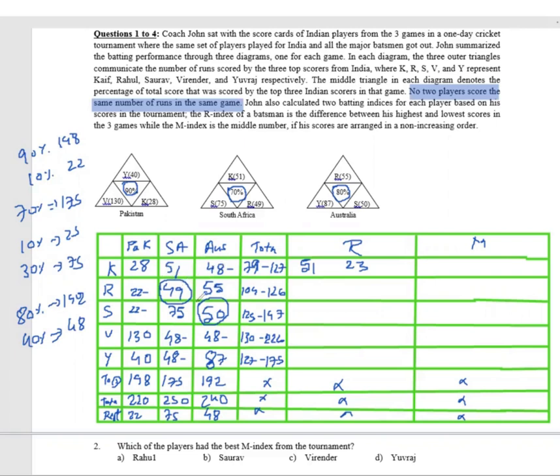Kaif's middle index cannot go above 49 or 50. Same goes for V, because both these scores are below 48. And even in Y, the highest can go up to 48. And if it is below 40, then 40 it will be. So the highest middle index is for Saurabh. With the given amount of data, we can find it out.